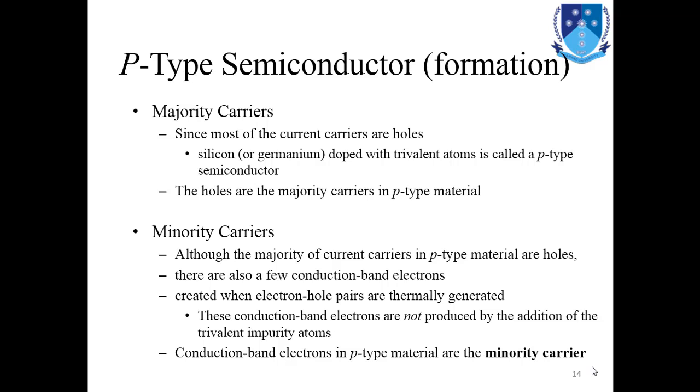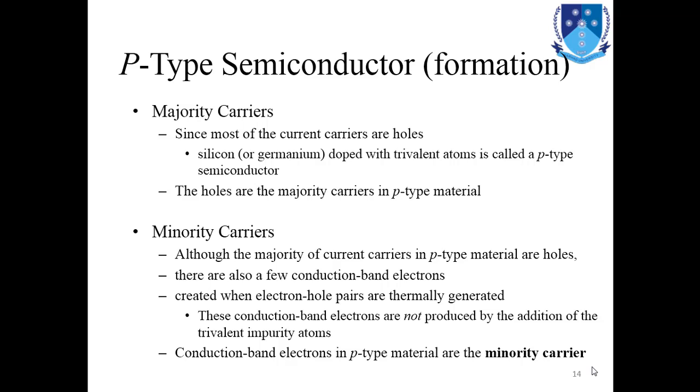The holes are the majority charge carriers in p-type material. On the other hand, the minority charge carriers in p-type semiconductor material are electrons. You will see that in p-type material we have a lot of holes, but there will be a few electrons which are termed minority charge carriers.